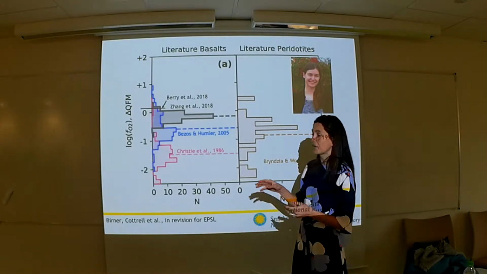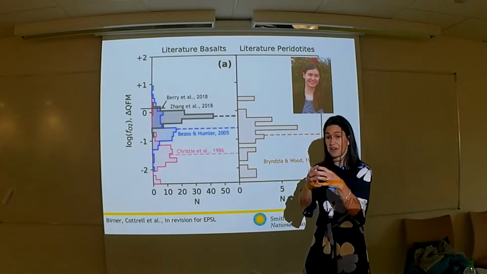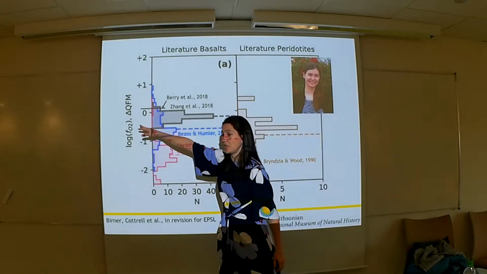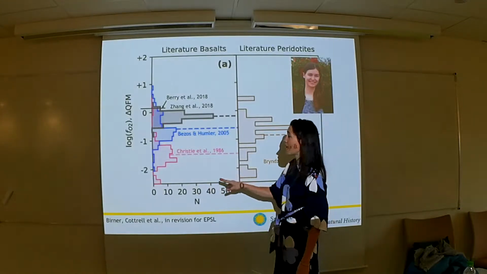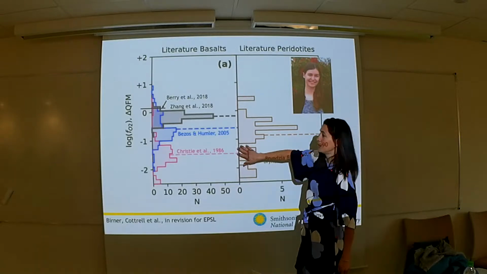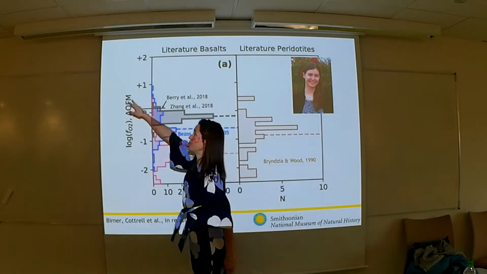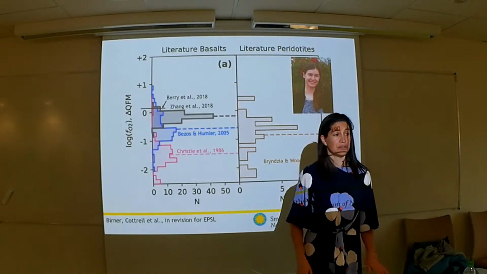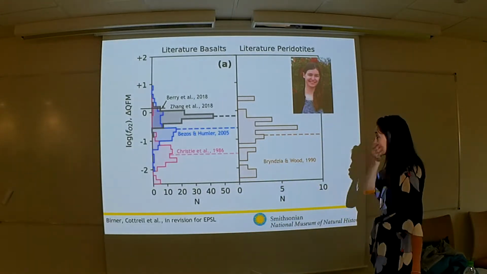The whole purpose of the Kress and Carmichael relationship is that it takes a ferric-ferrous ratio and considers the composition to get you to QFM. So if we want to compare peridotites to glasses, we have to do it in oxygen fugacity space, not iron oxidation state space.